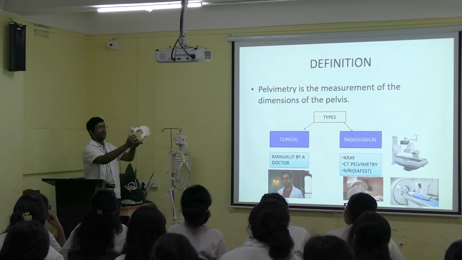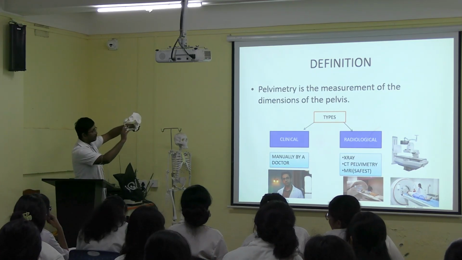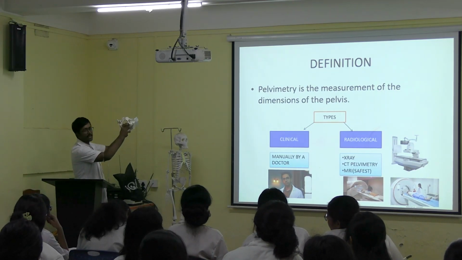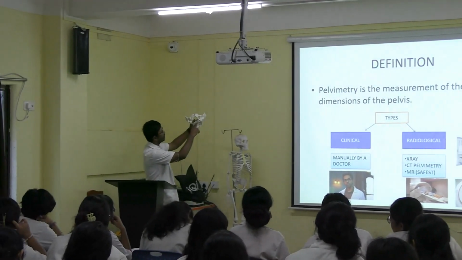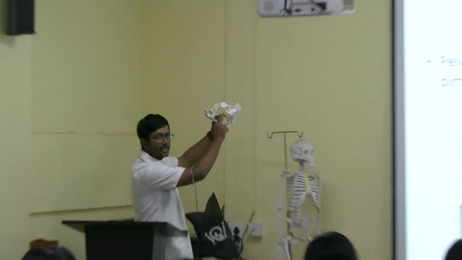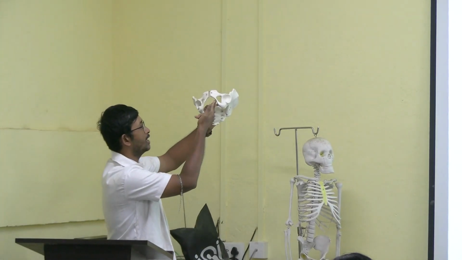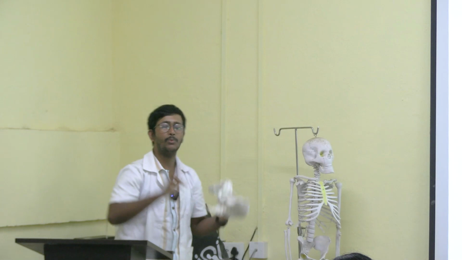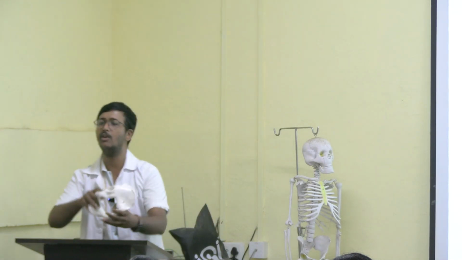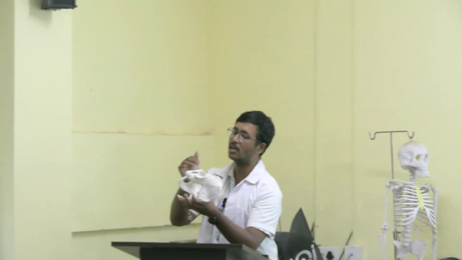Suppose this is your pelvis and this is the vagina, so it is according to the axis of your pelvic outlet. After inserting the fingers, we check these borders, the ischial spines, then we try to palpate the pubic ramus, and by this we get an understanding of the various diameters, and after that we can say whether there will be any cephalo-pelvic disproportion or not.